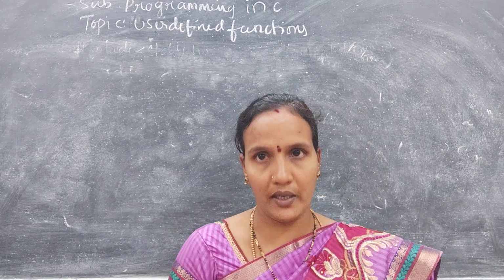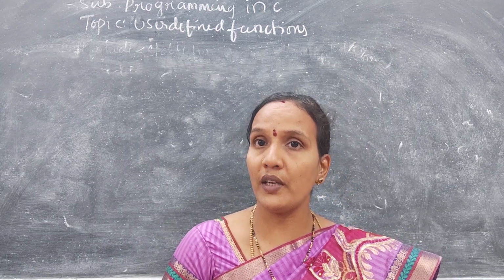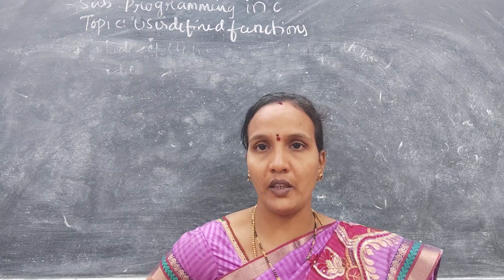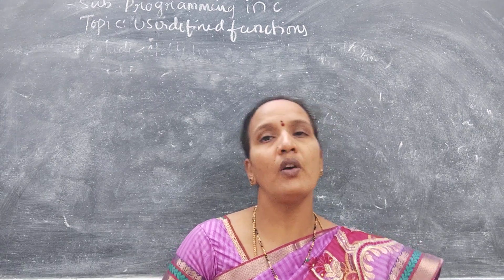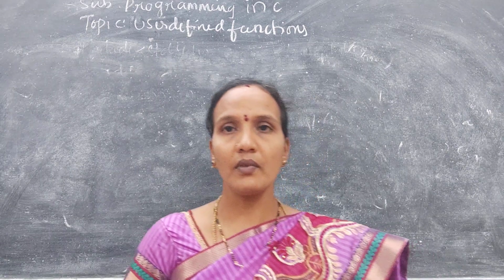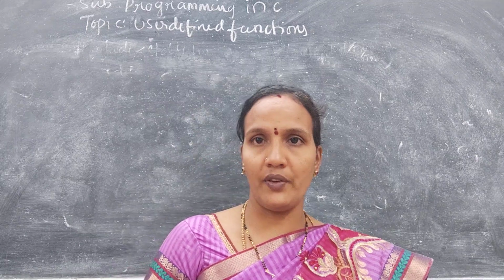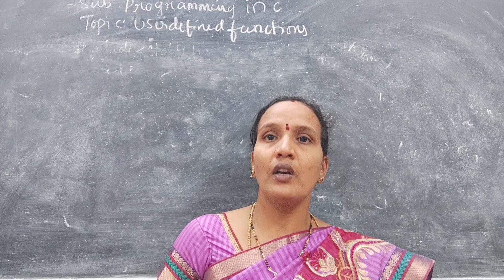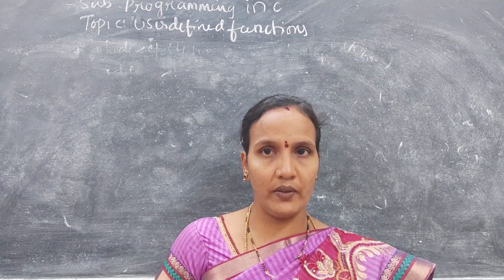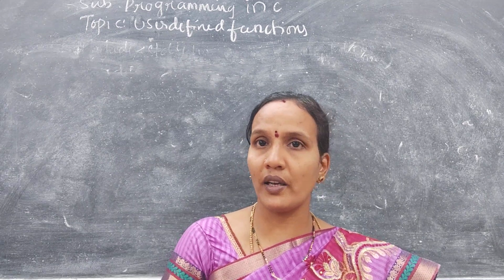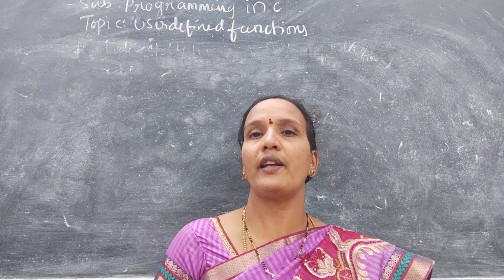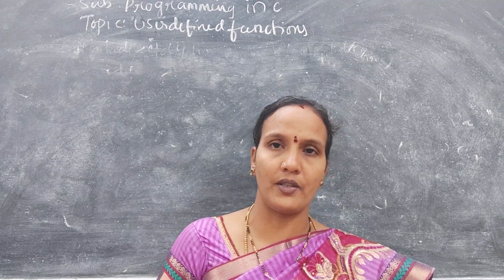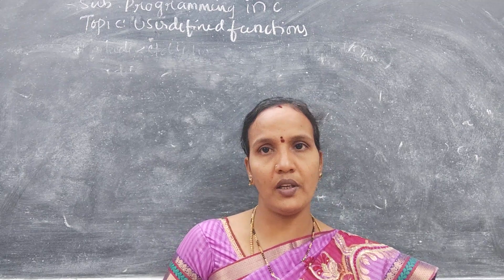The second one is function calling, where the main function calls the user defined function, passing values or without passing values. The third one is the function definition. In the function definition, we give the actual body of the function, meaning what task or action you expect from that function. Three things you have to give.